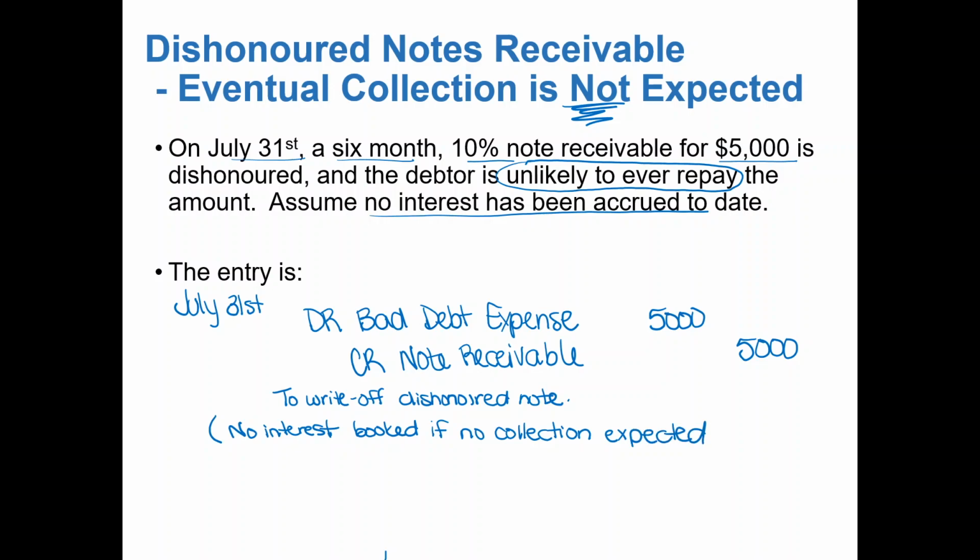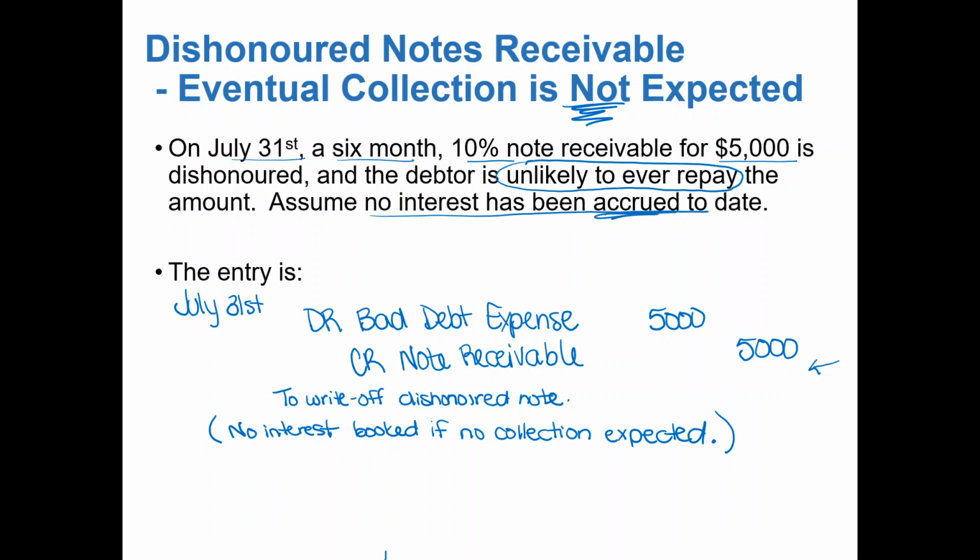But here's where you need to pay attention here. If we had accrued an amount of interest already, that's where you would now need to get rid of the interest receivable. So in this case, no interest had been accrued, so we're not going to book any.